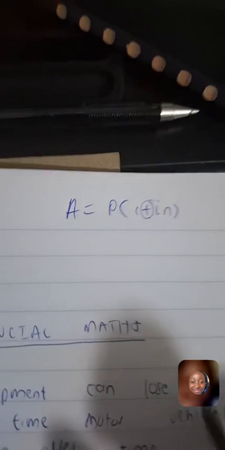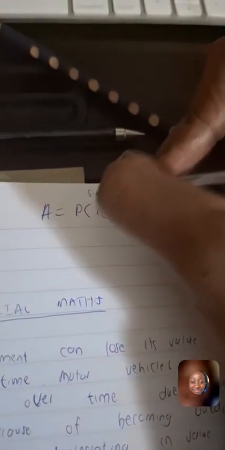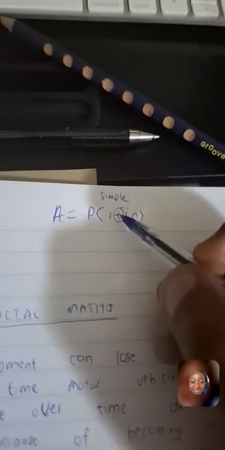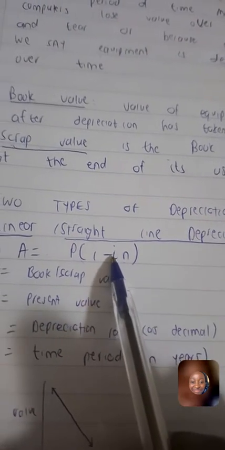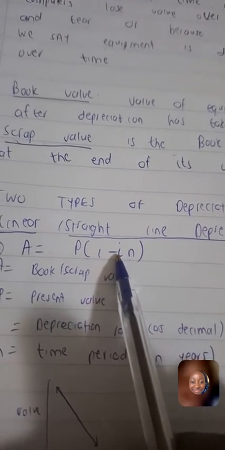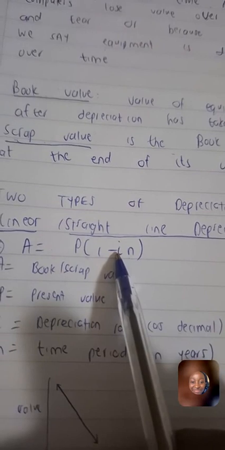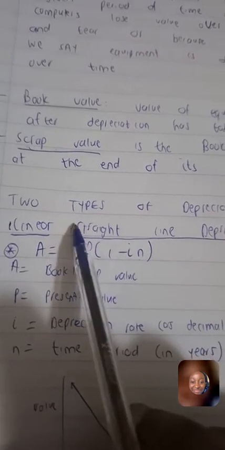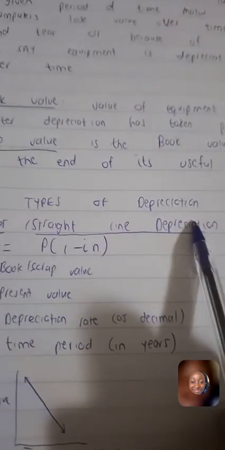Yes, I was asking if that formula is for simple interest. Yeah, for simple interest there's a plus in the mix. But for linear or straight line depreciation, there's no plus, there's a minus. Okay. So sometimes they refer to this as simple depreciation or linear depreciation or straight line depreciation.